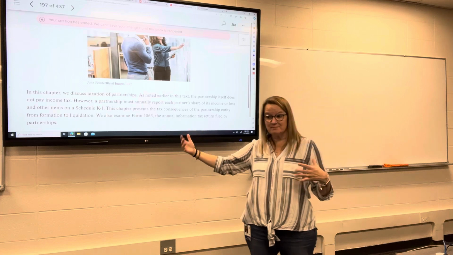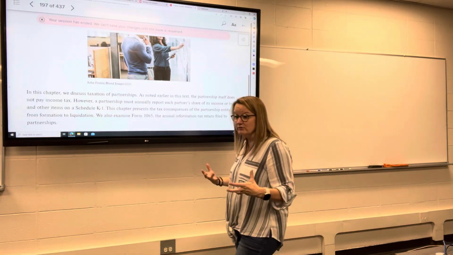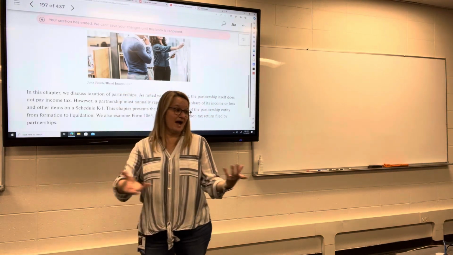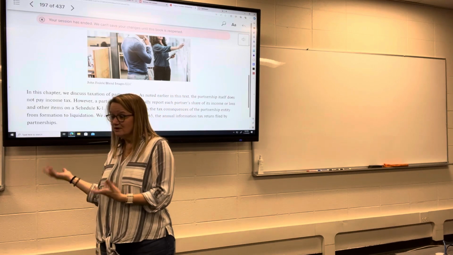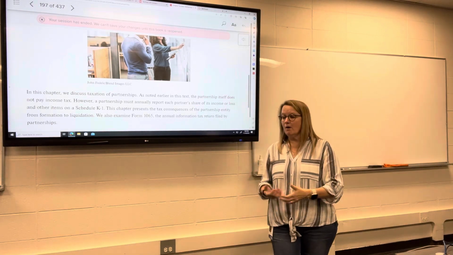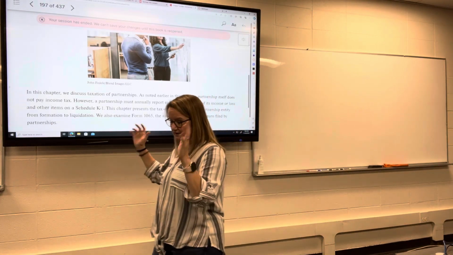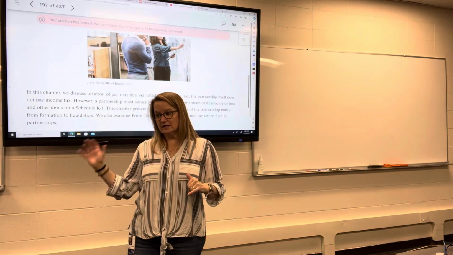It's a type of asset for that owner, something they own that they could potentially sell at some point. So we have to know what the basis is for that partnership for when the time comes that we dispose of it, or we sell it, or we give it to somebody else, whatever happens at the end. We have to know what our basis is in that partnership.